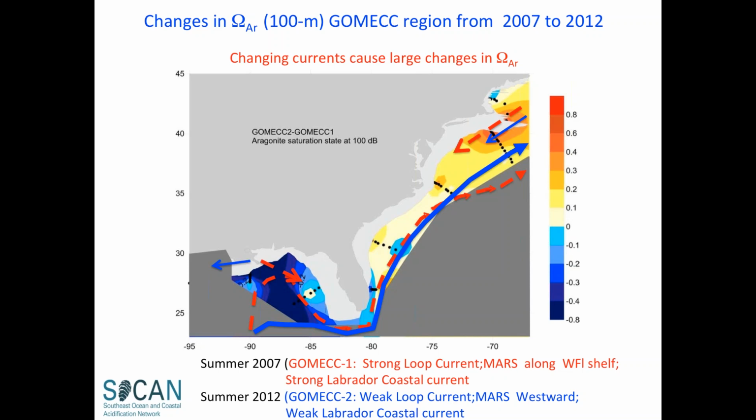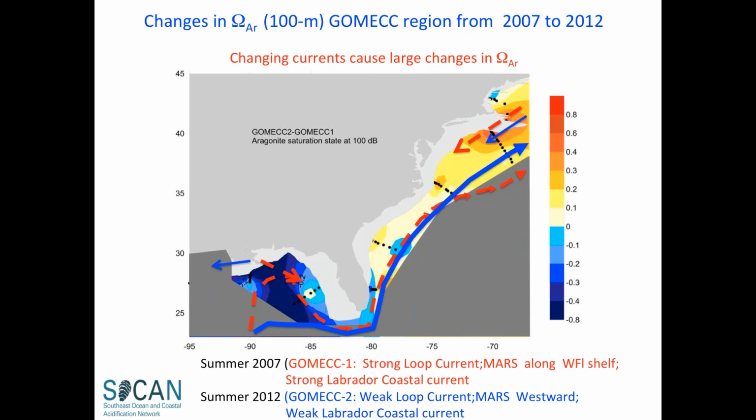Now, in 2012, we know from satellite observations and from measurements that the loop current did not extend into the northern Gulf of Mexico. It sort of bypassed it and went basically up the coast. We also know that the Labrador shelf current was much, much weaker.